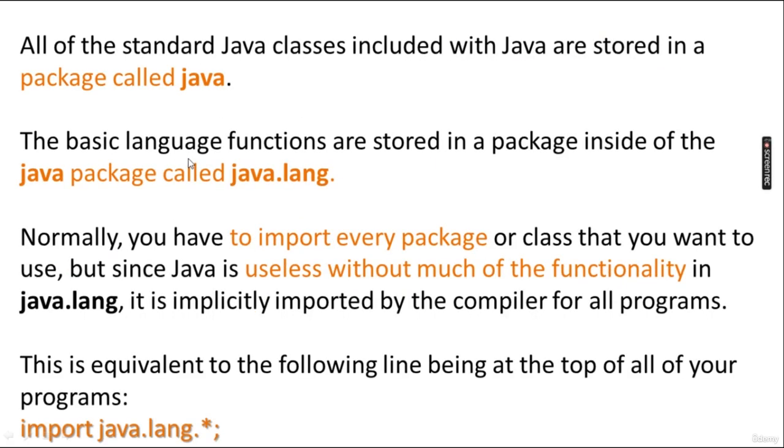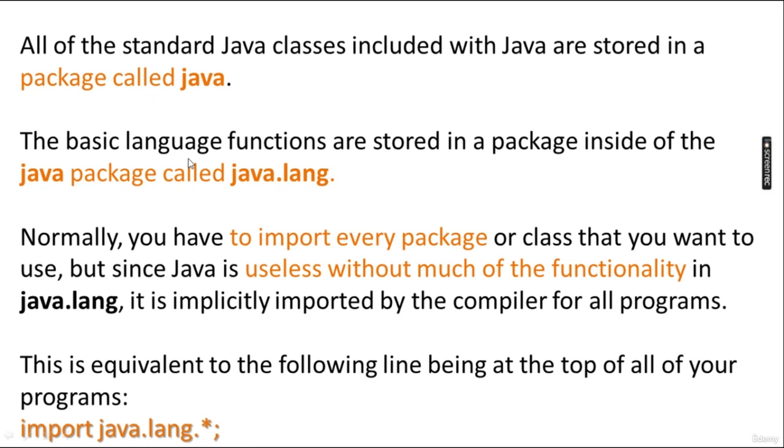All of the standard Java classes included with Java are stored in a package called java. The basic language functions are stored in a package inside the java package called java.lang. So the very basic package is java.lang. You have to import every package or class that you want to use, but since Java is useless without much of the functionality in java.lang, it is implicitly imported by the compiler for all programs.